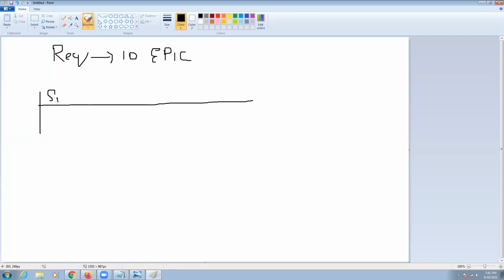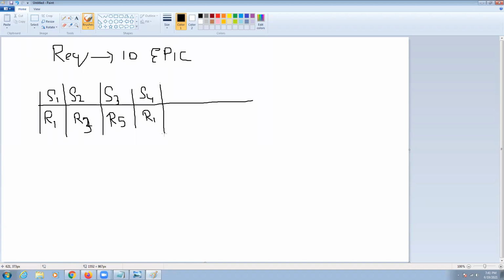Story 1 has requirement 1. Story 2 has 2 requirements. Make it 3, because we are just doing yesterday's topic itself. Story 3 had 5 requirements, and story 4 had another 1 requirement. This is how the segregations are done.